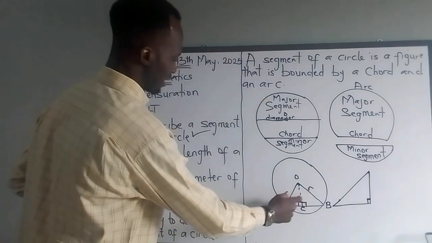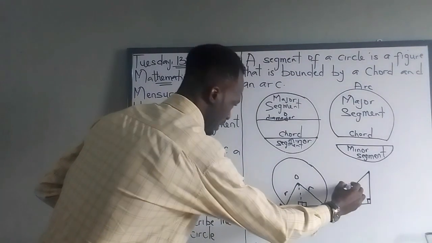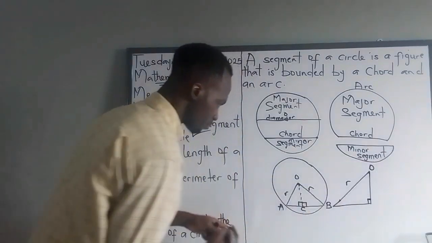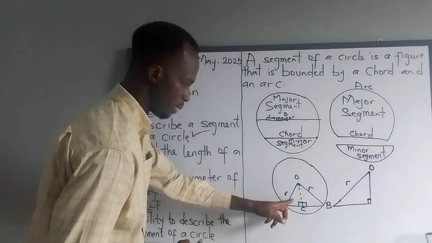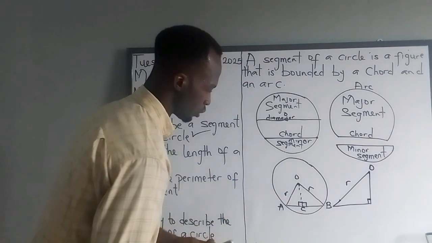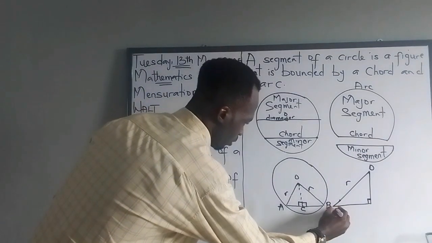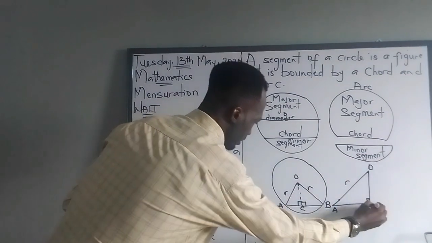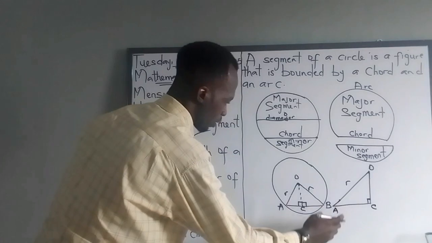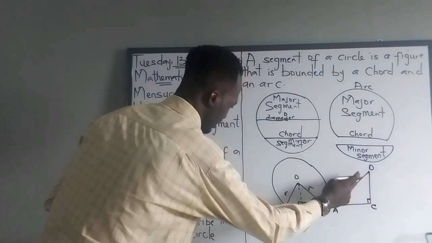Here, this is radius, right? This is center O. I'm picking triangle OCA, or AOC, triangle AOC. So this is A, this is C, and this is the radius.